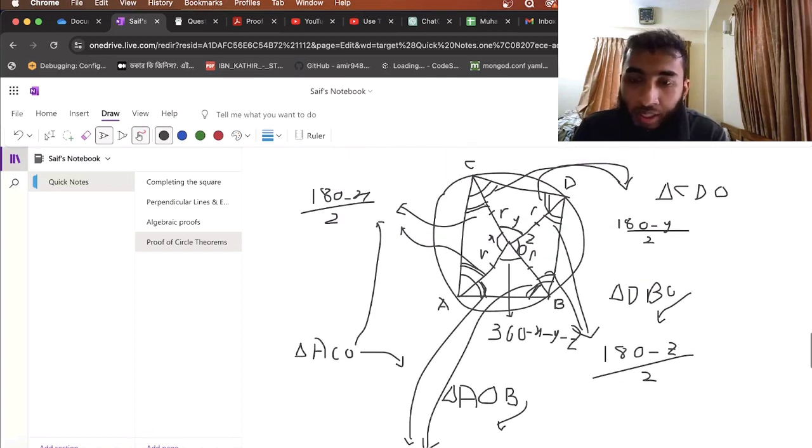So we know all these angles in the expressions of x, y, z.